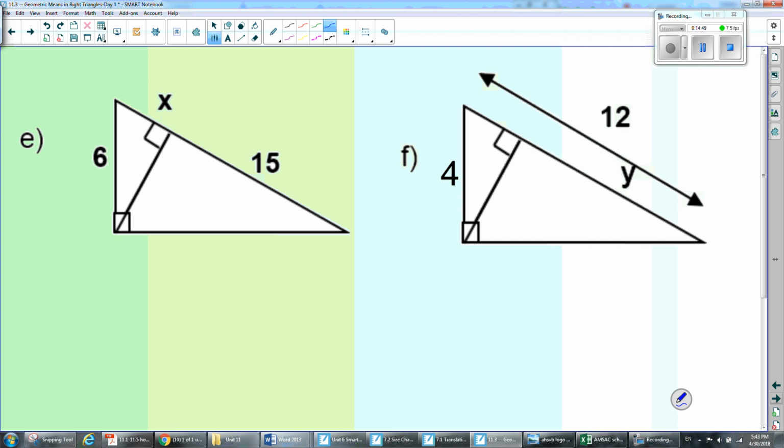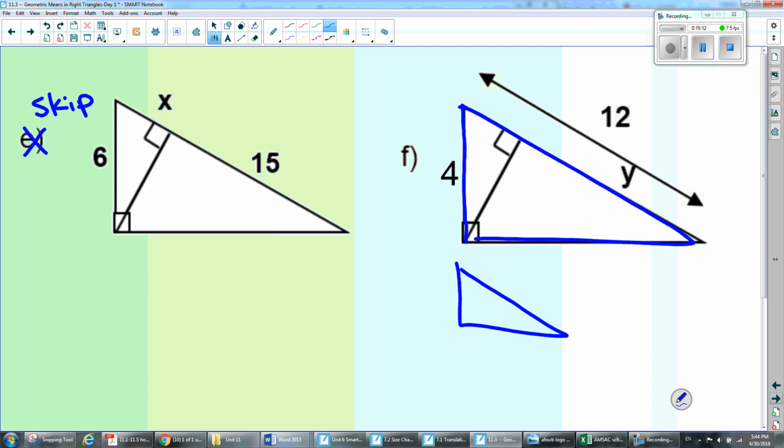We're going to skip E. But when I look at F, we're going to figure out which triangle I can find two side lengths of. If I look at the big triangle, I know the long side and the hypotenuse. I know two sides.